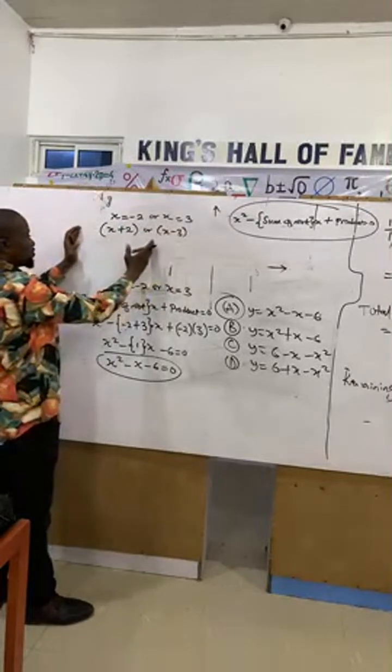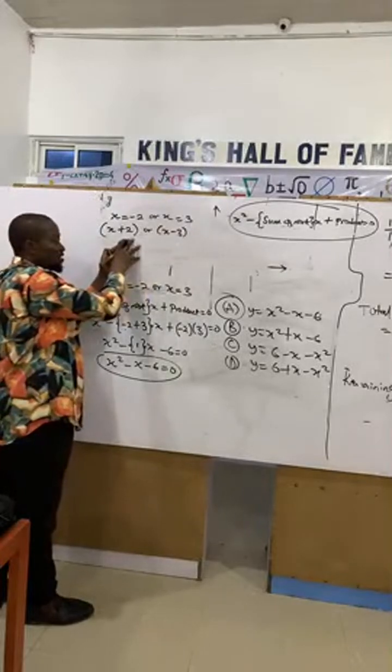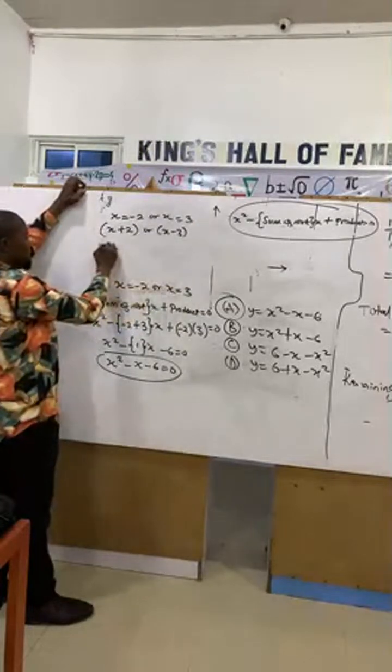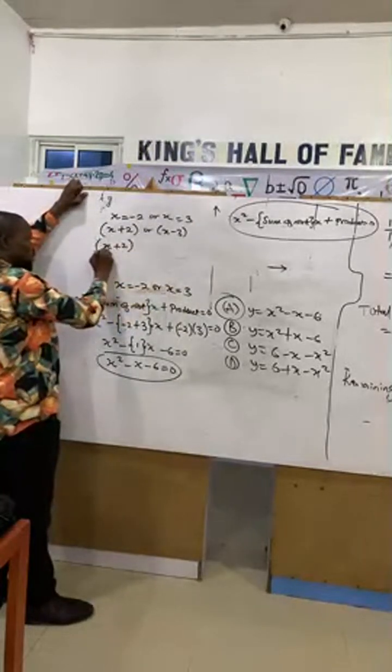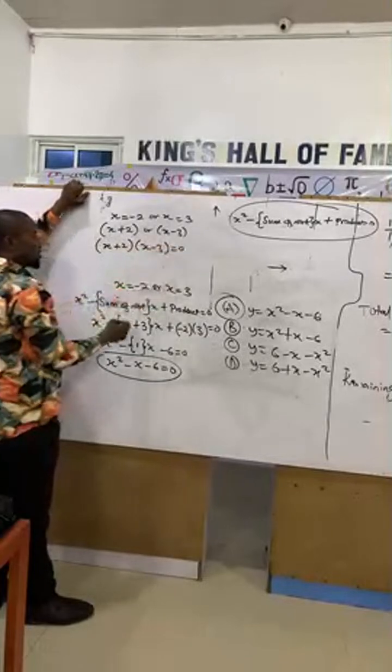If you multiply the factors, the product will give you the equation. So (x plus 2)(x minus 3) equals 0.